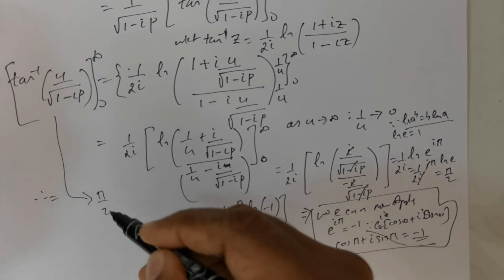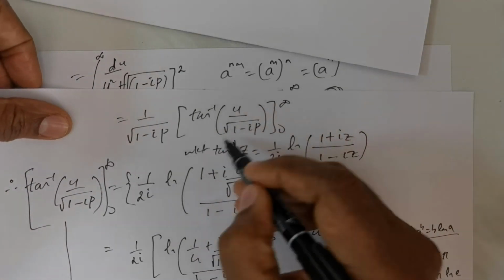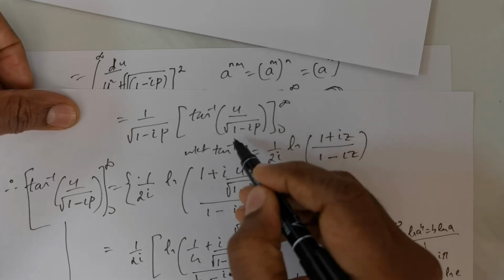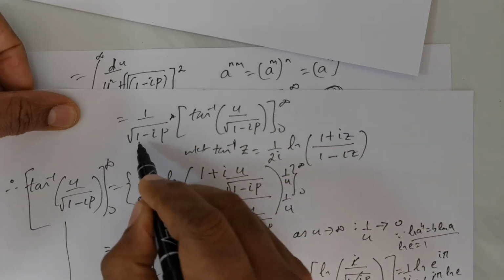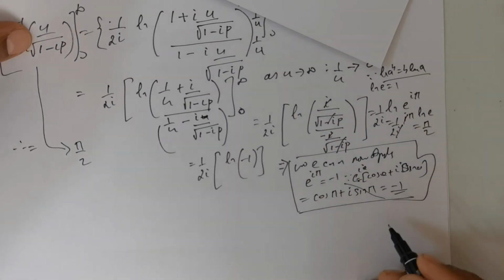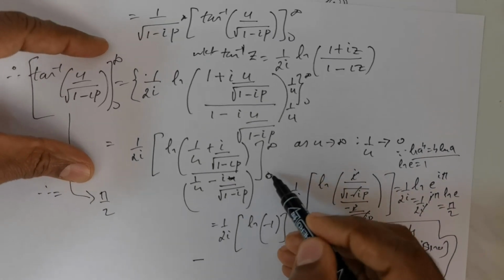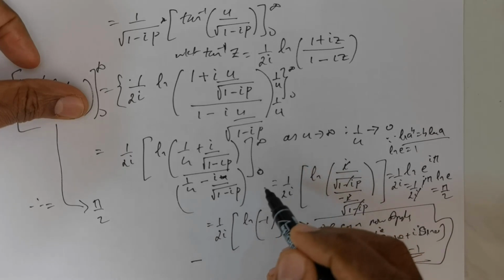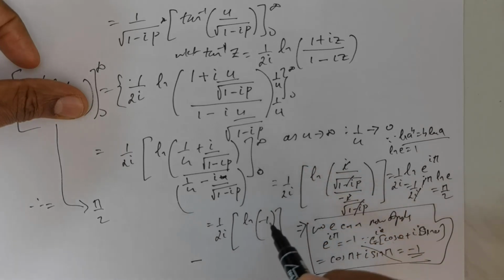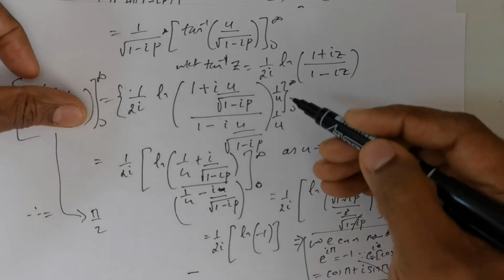But this is not the entire quantity that we are interested in. We are interested in tan inverse of u over root of 1 negative i times p, pre-multiplied with 1 over root of 1 negative i times p. But we need to know the other part of the limit when we substitute 0. Now you substitute u is equal to 0.